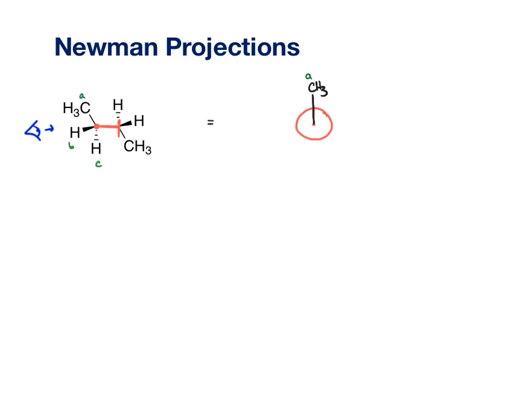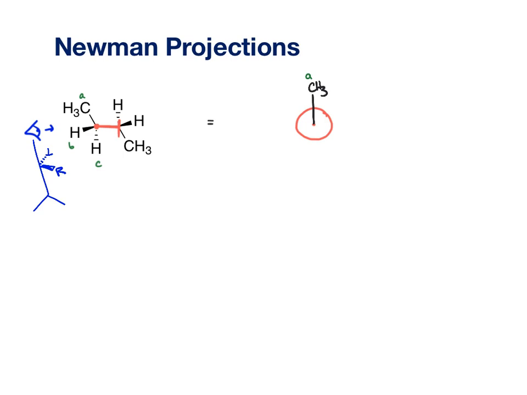All right, from there, we need to put B and C in the projection. And the easiest way to think about this is think about just a stick man looking at this structure. So if you're laying there on that page looking from that side, your left arm is going into the page, your right arm's coming out of the page.